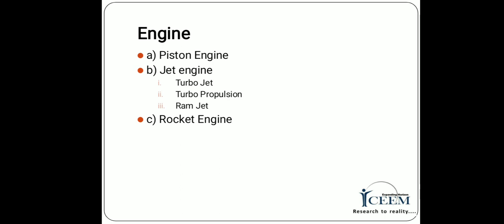Its performance is equally satisfactory in low and high altitude as compared to turbojet engine. Turbo engines may acquire speeds up to 1280 to 2400 km per hour.